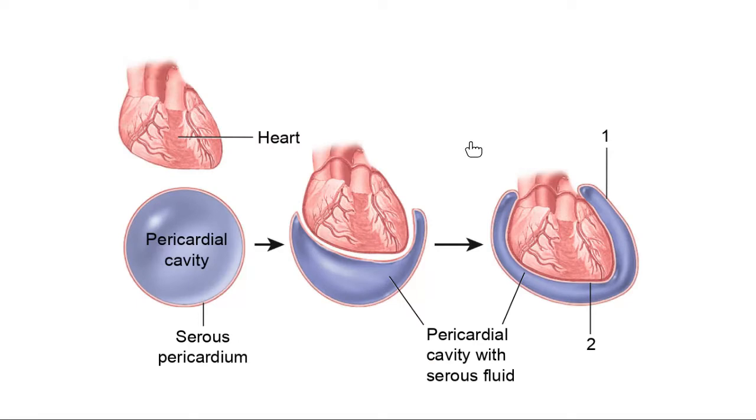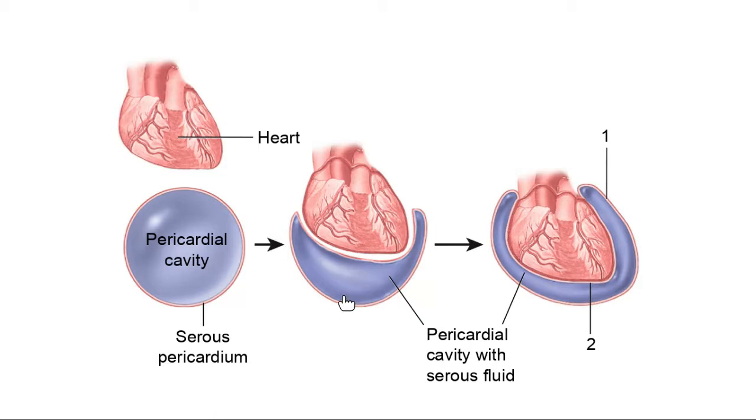In the cavities, we have the double layer serous membrane. Imagine that you have a heart and you punch the heart in a partially inflated balloon. And you can see that one layer of the balloon is attached to the heart and one layer is farther. The layer which is attached to the heart is called visceral, and the one which is farther is called parietal.